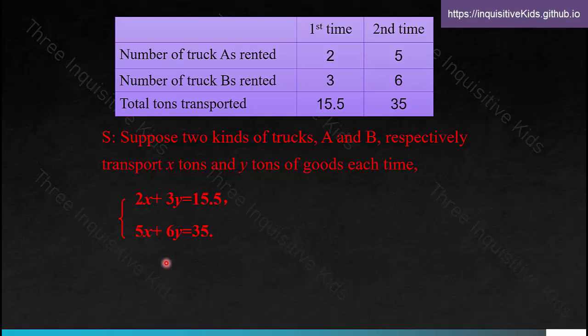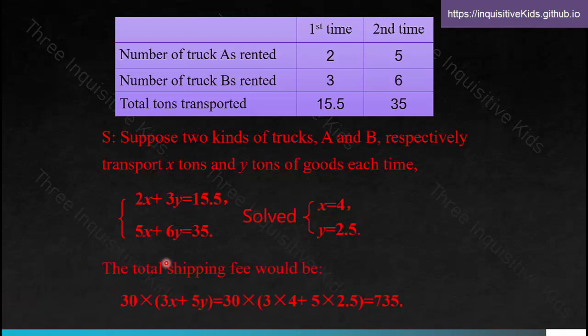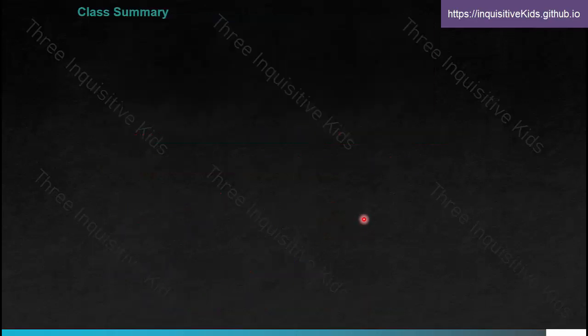Now you create the following equations. 2x plus 3y is equal to 15.5, and 5x plus 6y is equal to 35. Solved, x is equal to 4, y is equal to 2.5. The total shipping fee would be, and see, your final solution isn't the final answer. You still have to use these values, put them into an equation, and then you have $735.